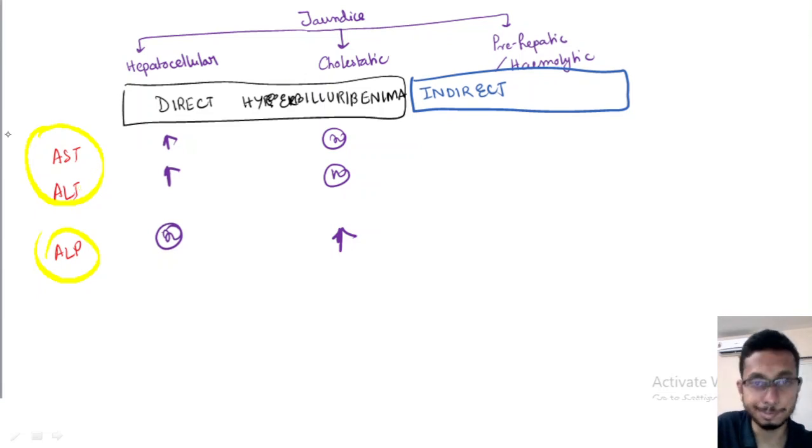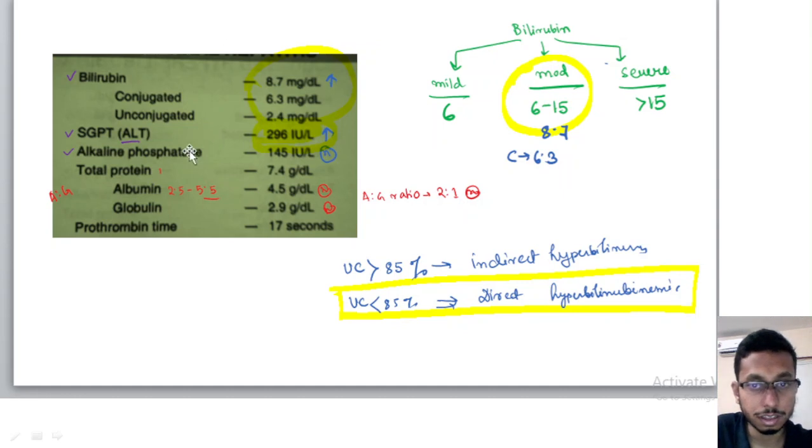Coming back to the chart, in this chart ALP is near normal, or you can say there is a mild elevation, if the normal alkaline phosphatase is 35 to 130.